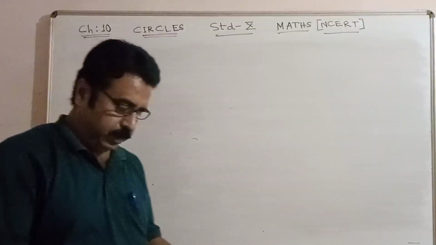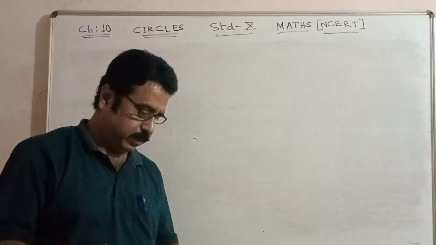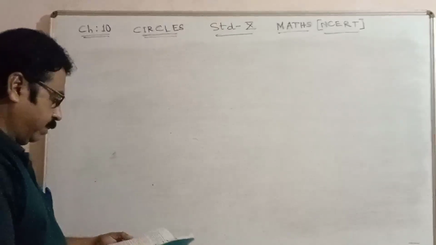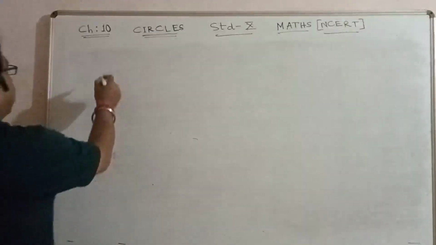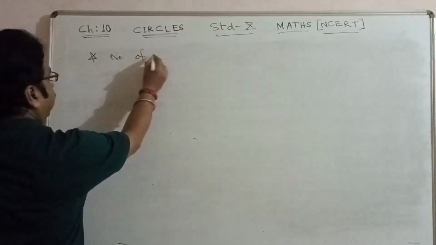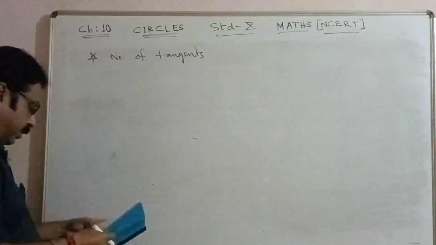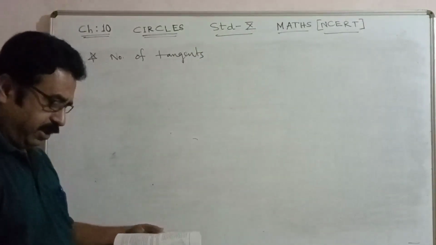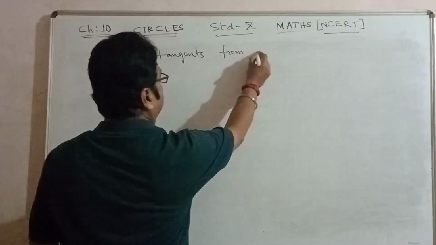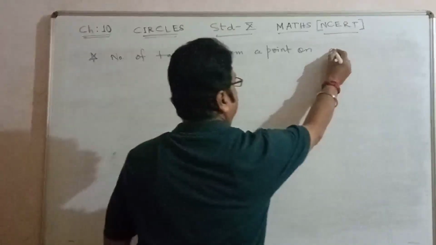Number of tangents from a point on a circle, the topic.